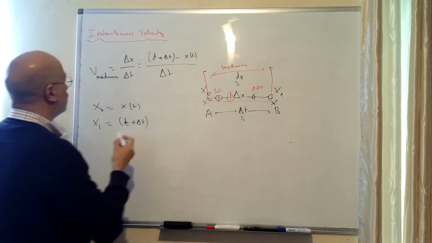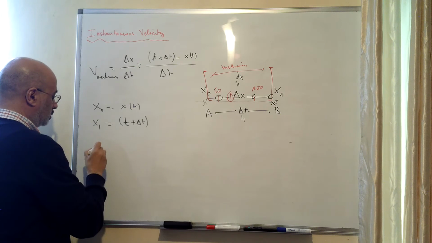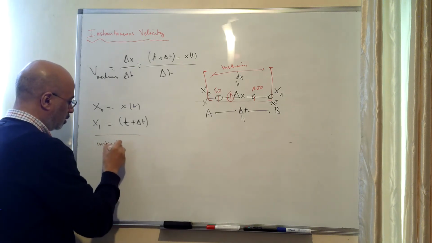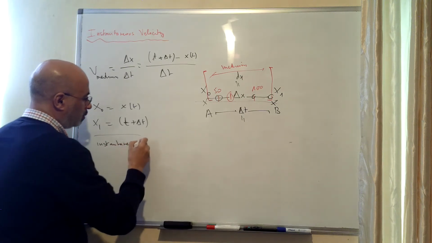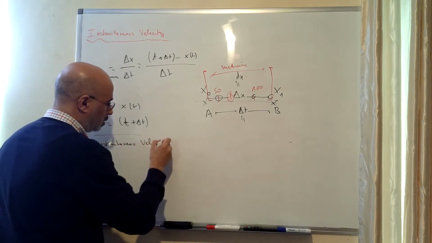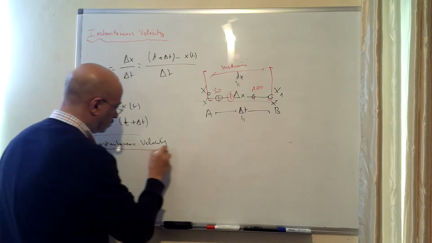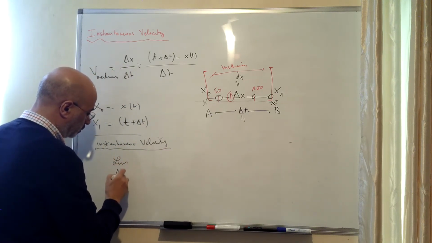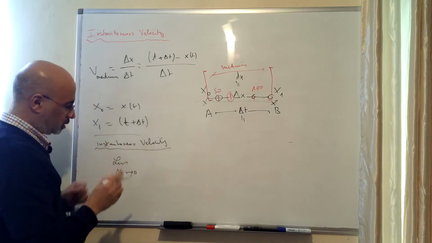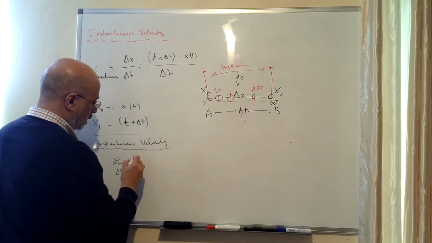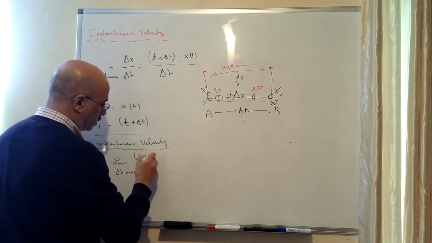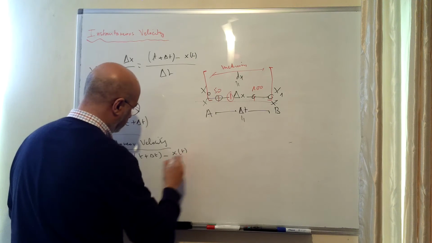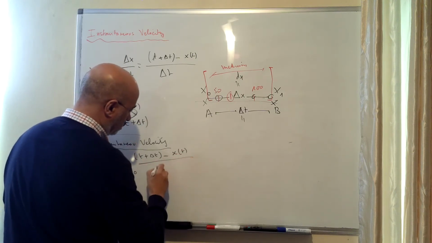So we talk about the velocity, the instantaneous velocity. It is the limit when del t tends to 0 of the distance: x(t + del t) minus x(t), over del t.